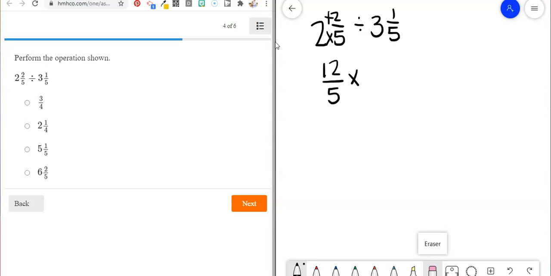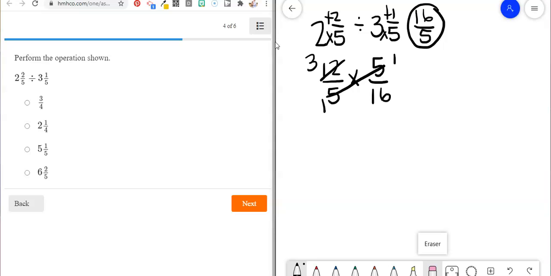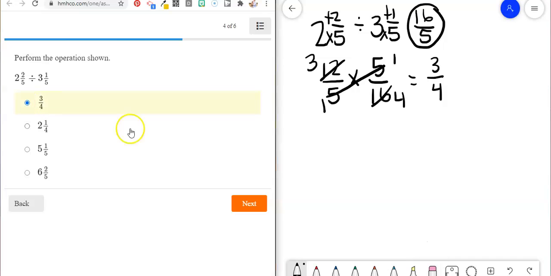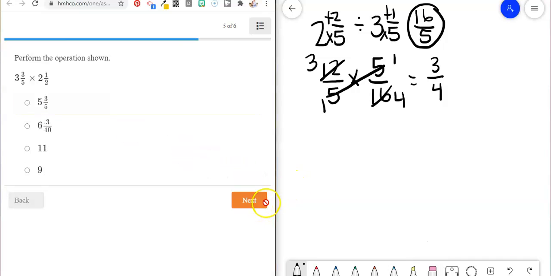Division changes to multiplication. 15, 16, so I get 16 over 5. And remember, I write my improper fractions up here, so then I can flip them. Our 5s cancel out into 1s. 4 goes into 12 3 times, and 4 goes into 16 4 times. So we ended up with 3/4. If you didn't cross cancel all of that, then you'll have to simplify at the end.